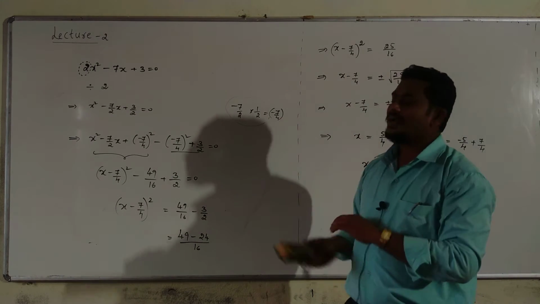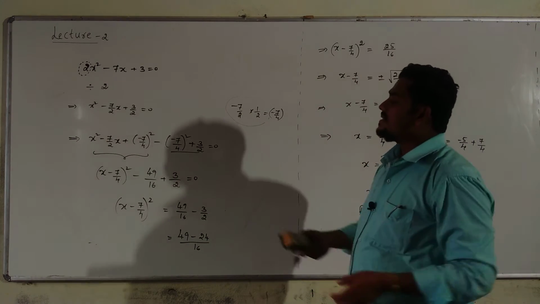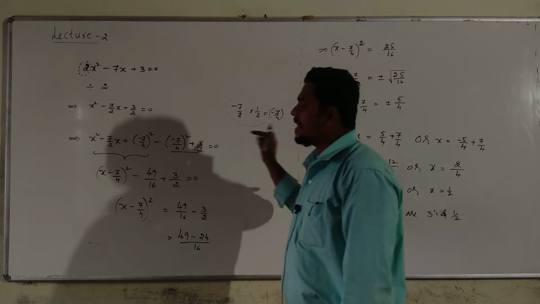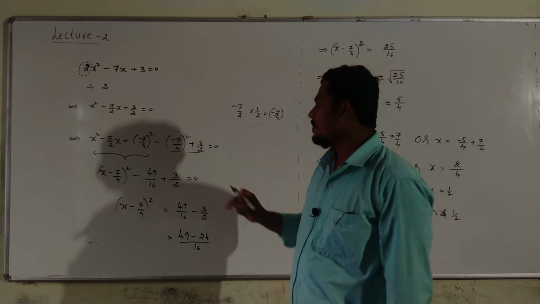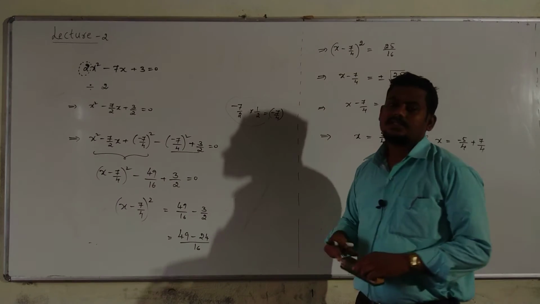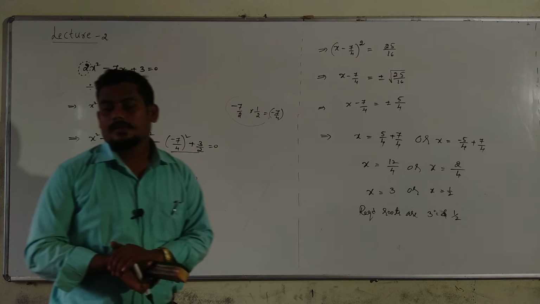Just multiply by 1 by 2. Then take its square, add and subtract. Then just rearrangement and simplification. This is one of the methods to solve the given quadratic equation.